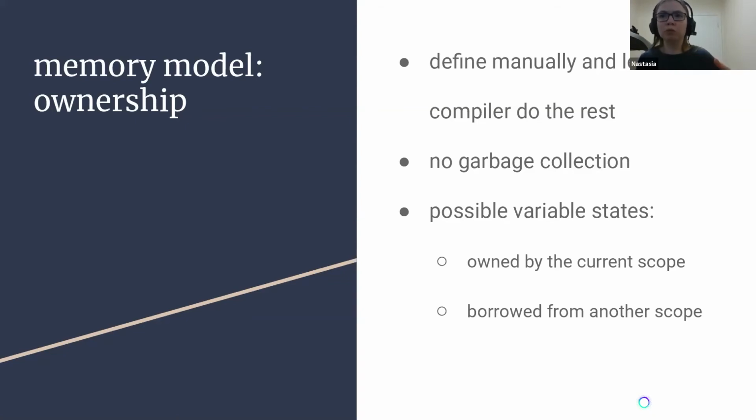It could be owned by the current scope, meaning this would be the scope responsible for freeing the memory after this variable stops being used. Or it could be borrowed from another scope, meaning that the current scope, like a function or a method, only has the reference to this variable, and the actual memory is being managed by someone else, its owner.